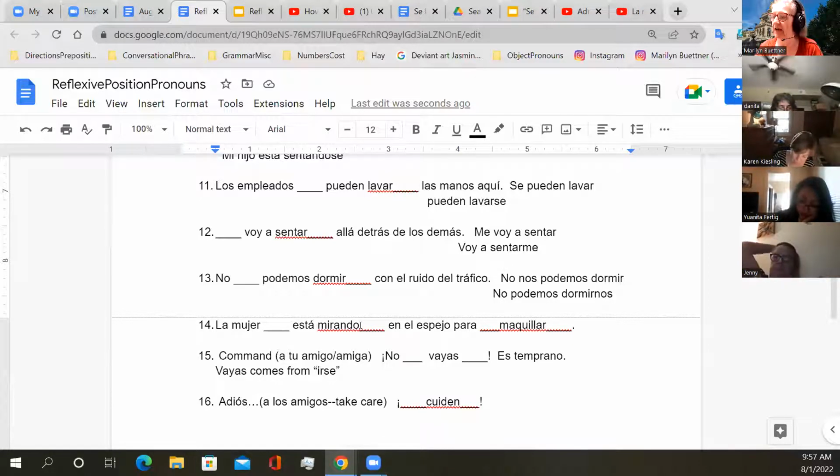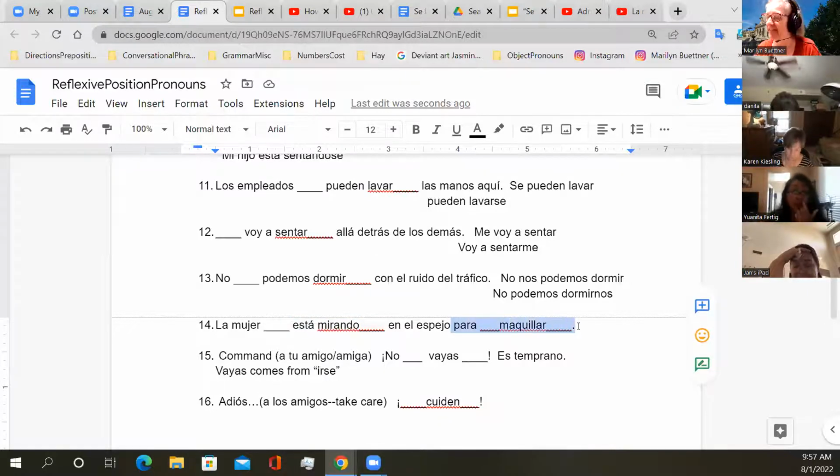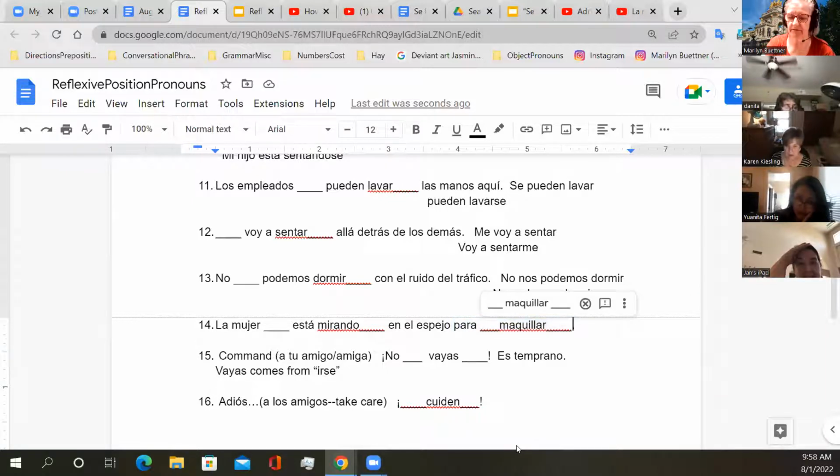Okay, so I've got two possible things here. I've got two verbs walking together again, the -ing thing going on. And I've got an infinitive verb, maquillar, to put makeup on. We're talking about the woman. So here's the easy part. Para maquillar is just that prepositional phrase. So it's got to be maquillarse.